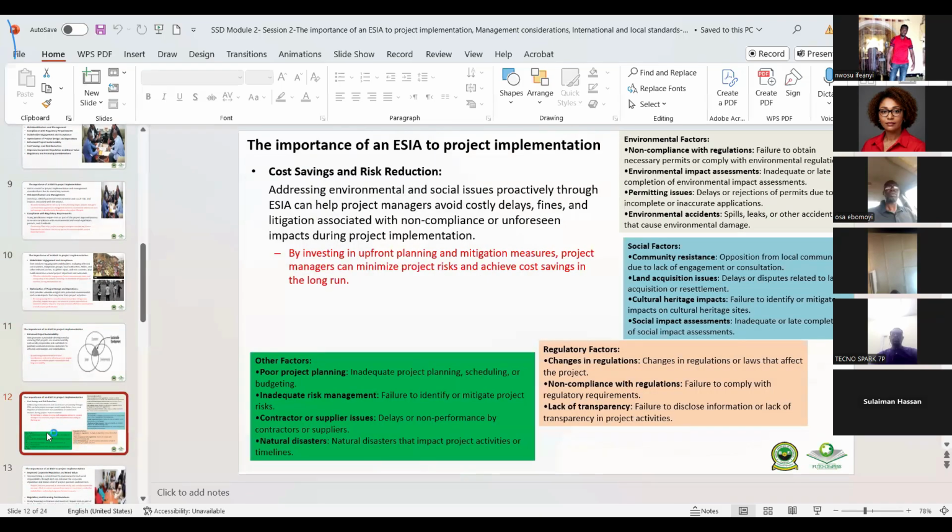So when we talk about cost saving, if you address the environmental and social impact proactively through ESIA, it will help the project manager to avoid cost delays. Remember, we said that your project has a timeline and cost is given, cost of material, inflation. So if you also do the right thing, you will not be fined by the regulatory agencies for not following guidelines.